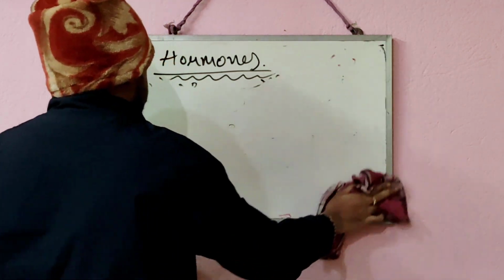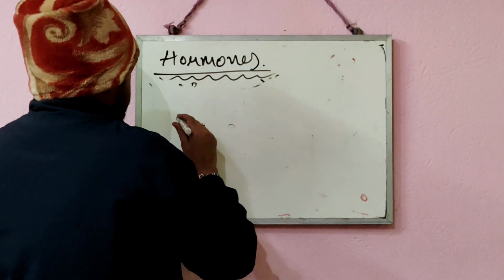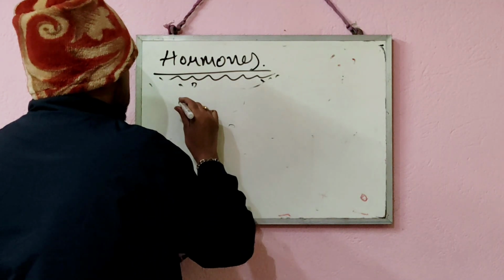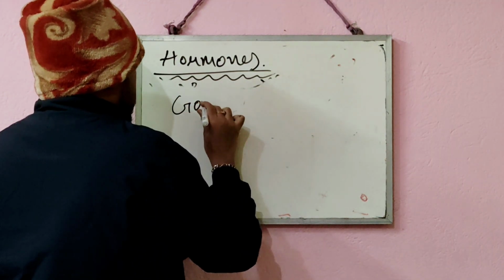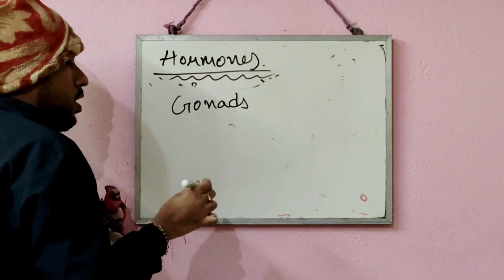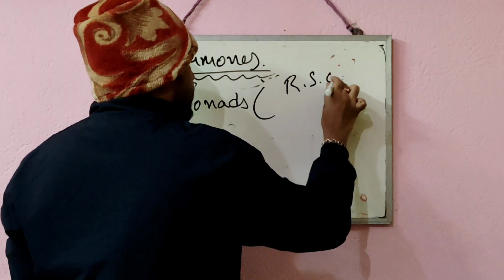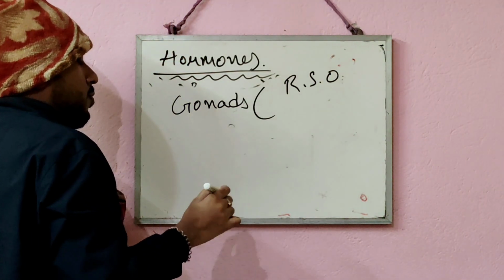The last type of endocrine glands, different organs but generally collectively called gonads. What are gonads? Gonads are the reproductive system organs present in our male or female body.